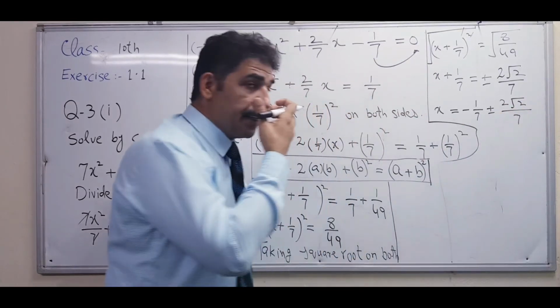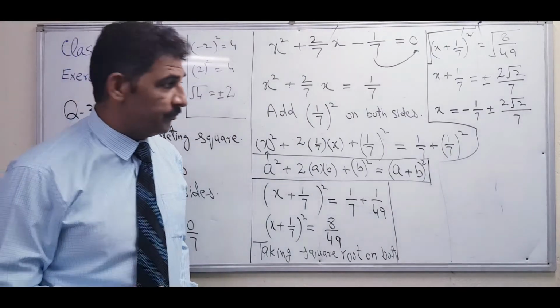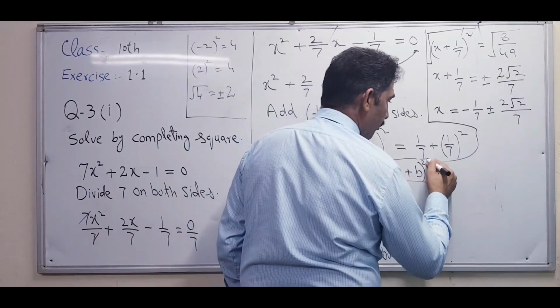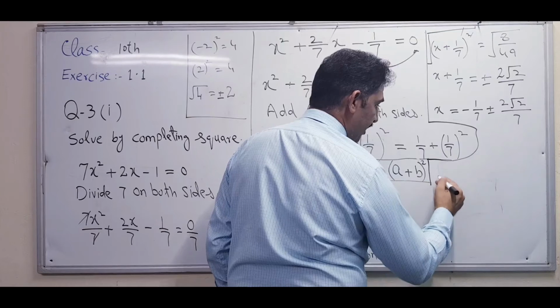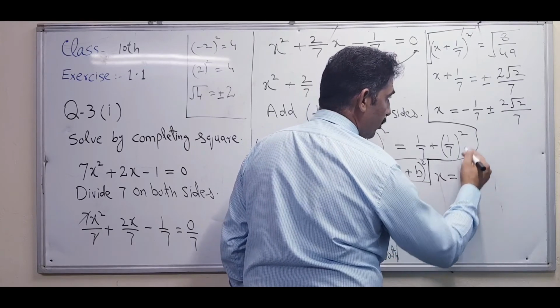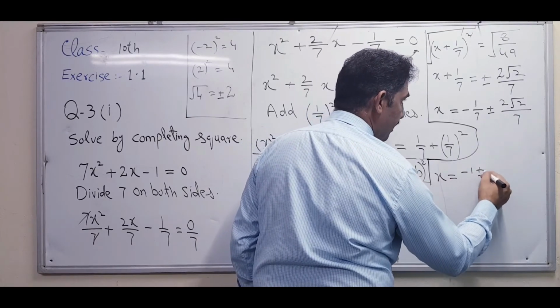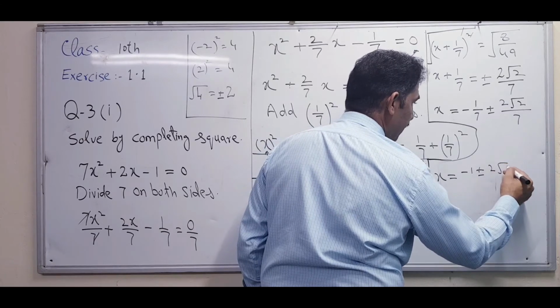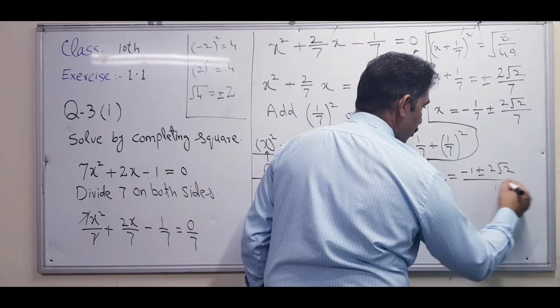If the denominator is the same, the LCM is also the same. So we will write x is equal to minus 1 plus minus 2 root 2 over 7.